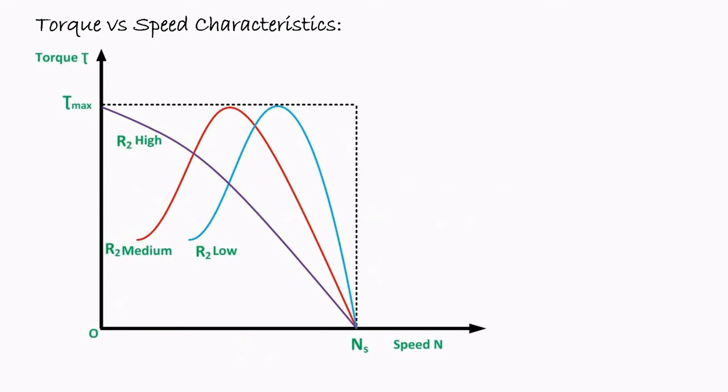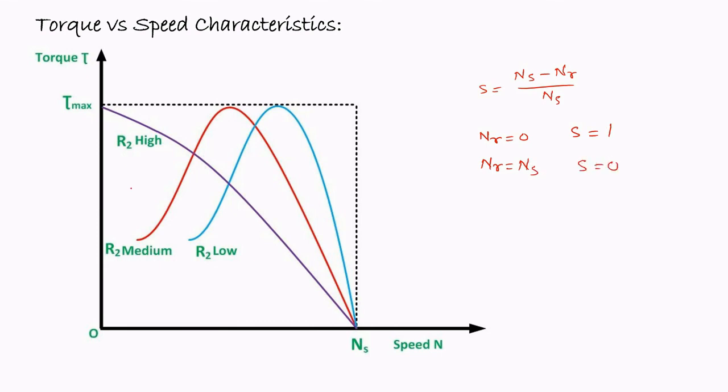Sometimes it is also possible to draw the torque versus speed characteristics. Here the speed means the speed of the rotor. We know S is equal to Ns minus Nr upon Ns. So when Nr is equal to 0, S will be equal to 1, and when Nr is equal to Ns, S will be 0.